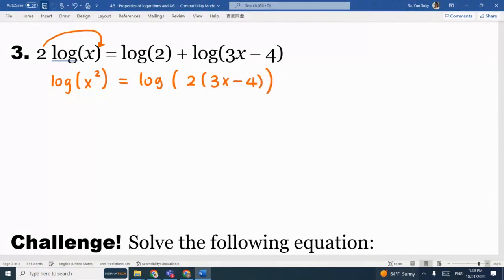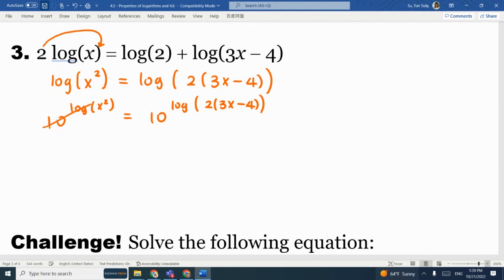So we have 2 times 3x minus 4. Is that okay, everybody? Once you make sure both sides have a single log, then you can raise both sides to the power of 10. In this case, you don't have to move all the terms to one side and combine them. Okay? So 10 to the log x squared equals 10 to the log of 2 times 3x minus 4.